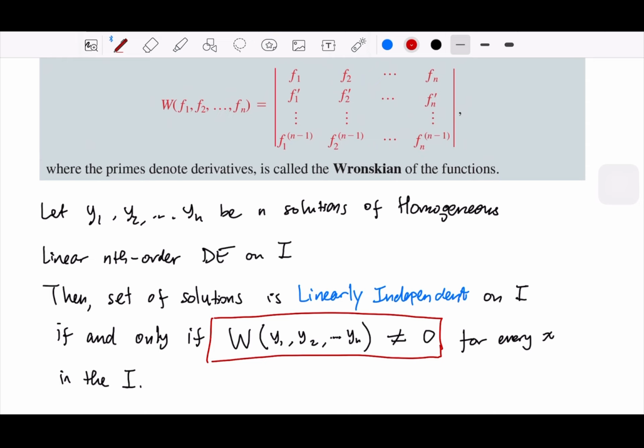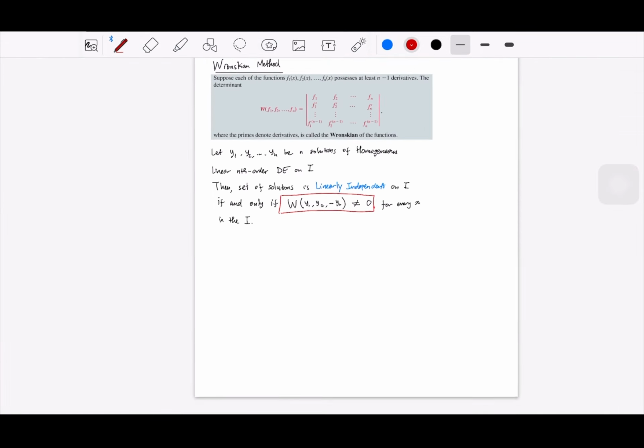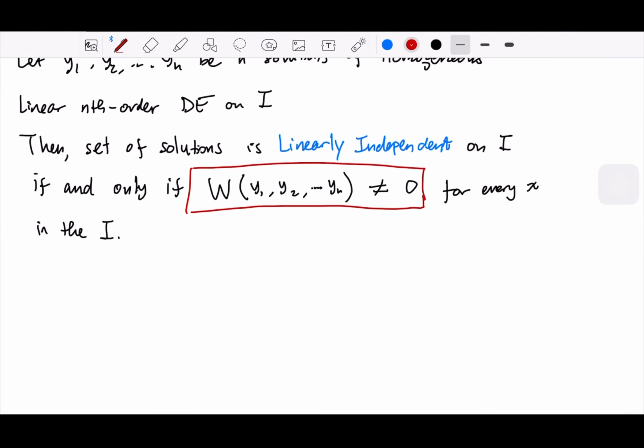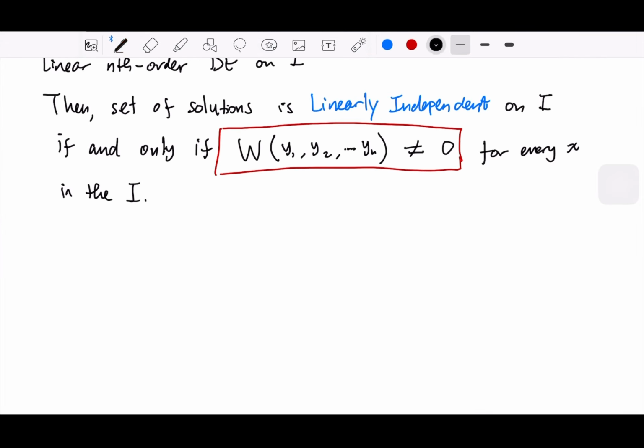Okay. So let me give you an example. I think the solution is quite complicated, but let me write the example.